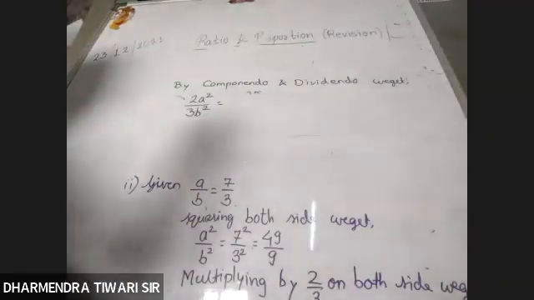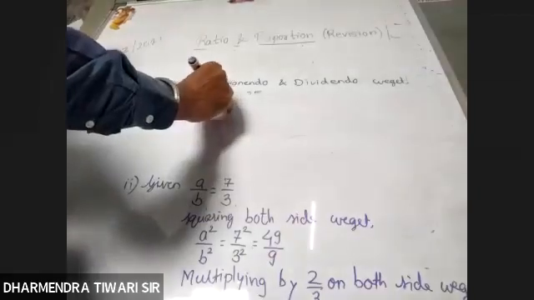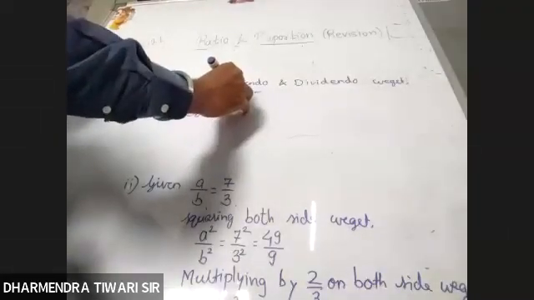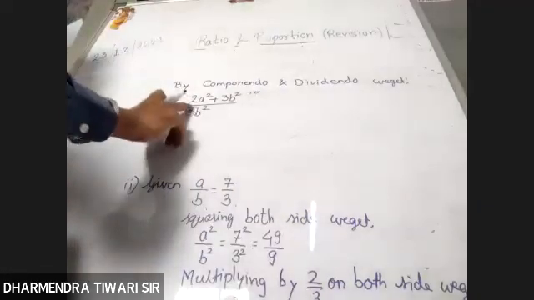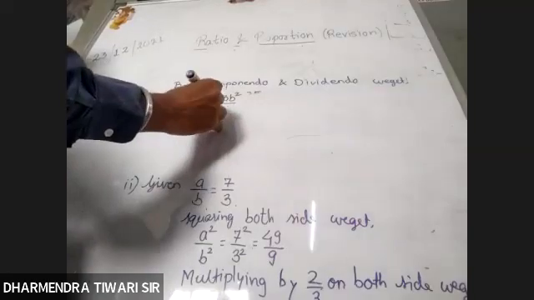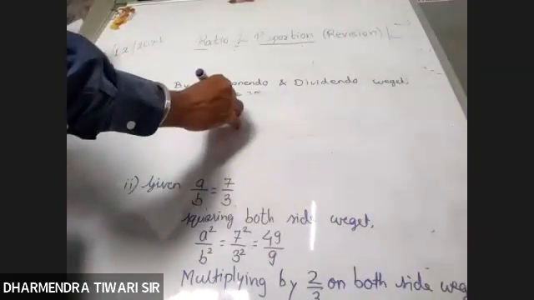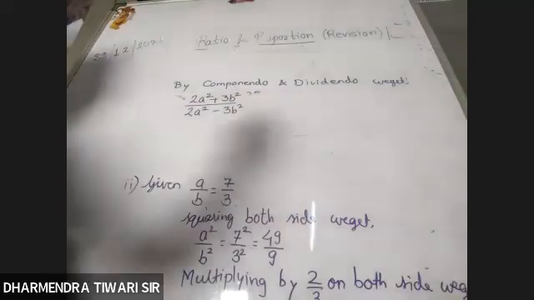After applying componendo and dividendo, componendo means we are adding 3b square in the numerator, and we write the same term in the denominator in the form of subtraction, that is 2a square minus 3b square.